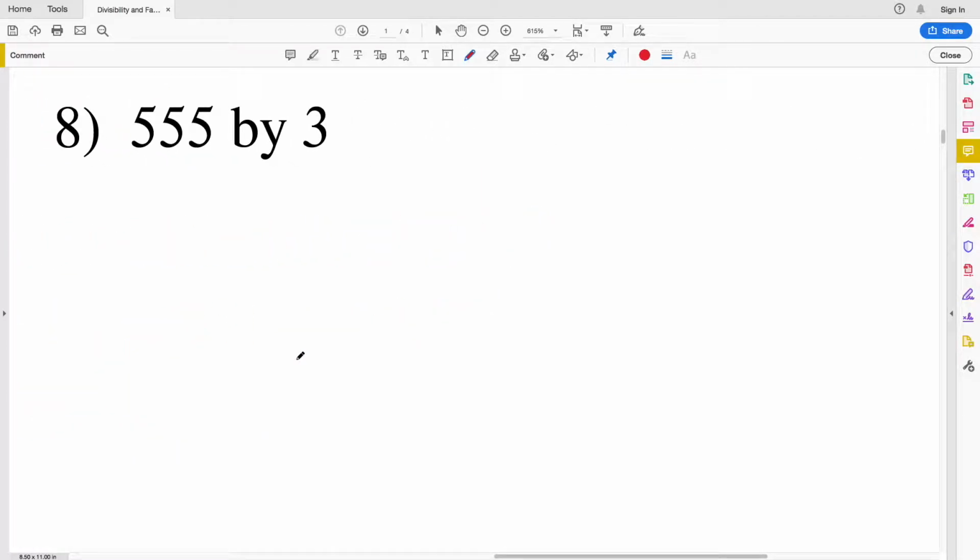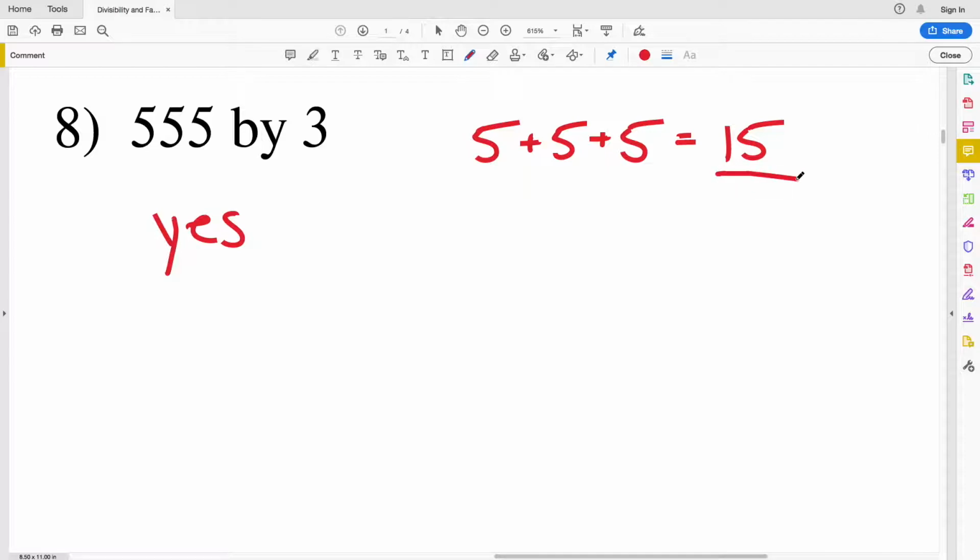In number 8, it asked, is 555 divisible by 3? So we know we got to sum those digits. 5 plus 5 plus 5 is equal to 15, which is 3 times 5. So yes, because 15 is divisible by 3, 555 is divisible by 3.